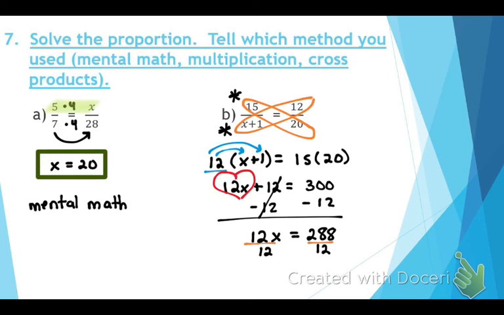I am going to divide by 12 on both sides. When I do that, Lexi, what do I get? X equals 24. Class, did I use mental math, multiplication, or cross products to answer that? Cross products. So write somewhere there that we used cross products to find that answer.